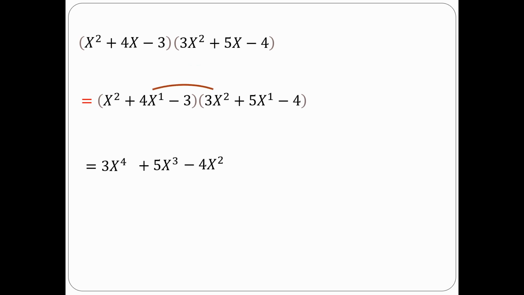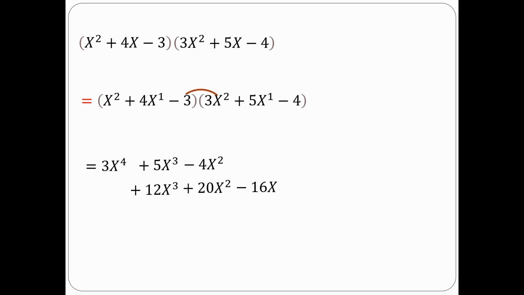Then multiply 4x to 3x squared, and that is positive 12x cubed. Then multiply 4x to 5x, and that is positive 20x squared. Then multiply 4x to negative 4, and that is negative 16x.